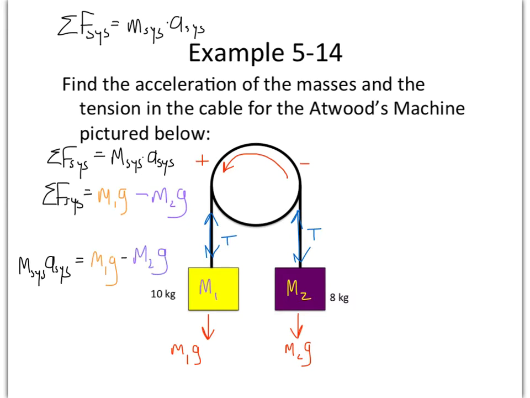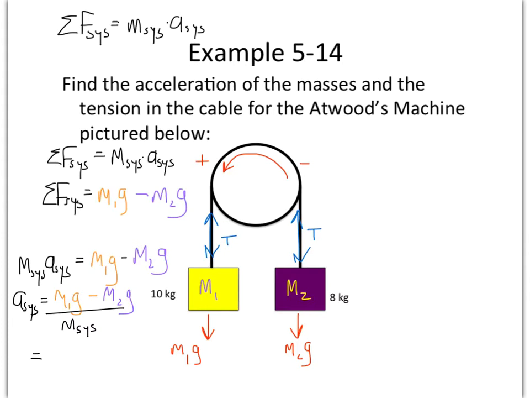And so, of course, the acceleration of the system is going to be m1g minus m2g, all divided by the mass of the system, m sys.